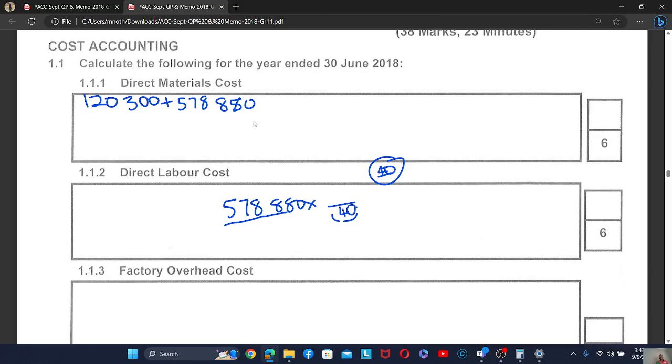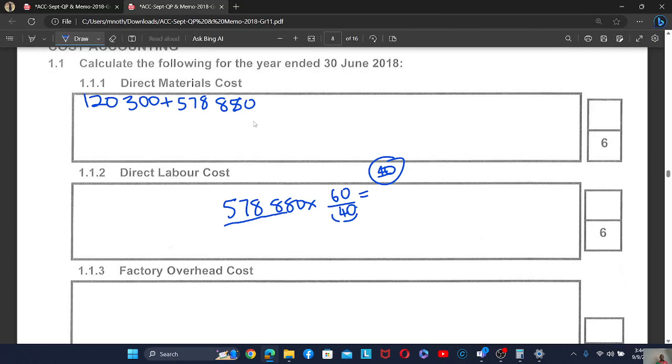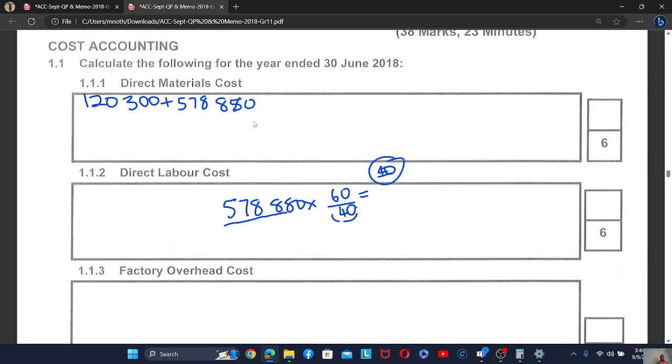Now, what is it that we want? We want the credit, right? Yes. The 60%. How much is that? 868,320.